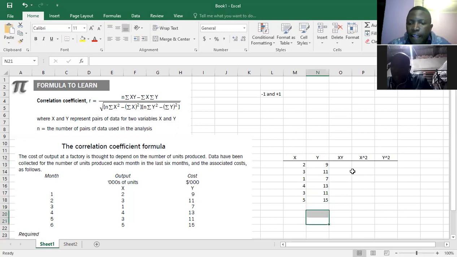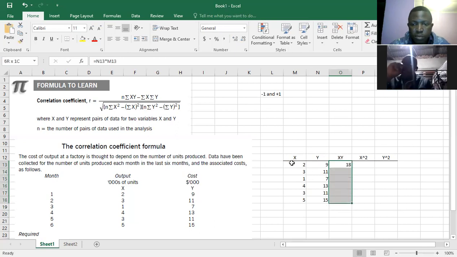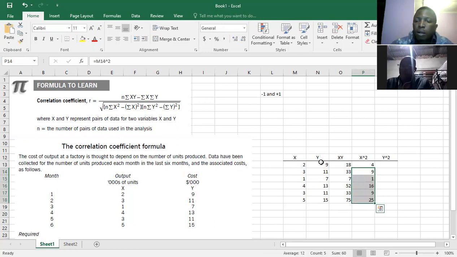Then XY, it's X times Y. And X squared, then Y squared.